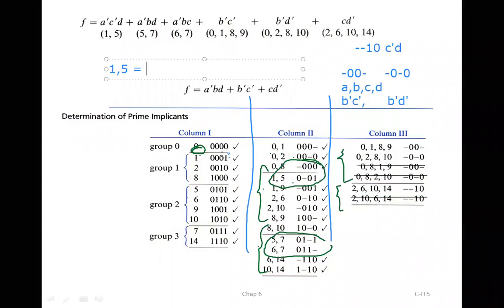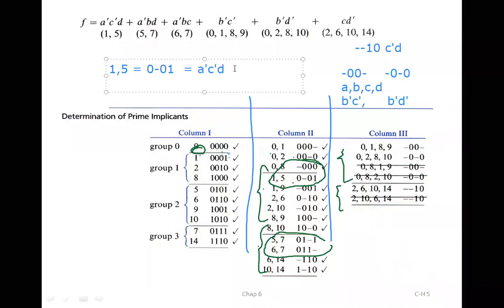It is 0 hyphen 0 1, which means that it is A bar, B is not there, C bar is there, and D. This is the prime implicant associated with the one which is not checked. That's why I told you, once it is raised from one corner to the other corner, you have to check it. If you don't check it, you will have problems.